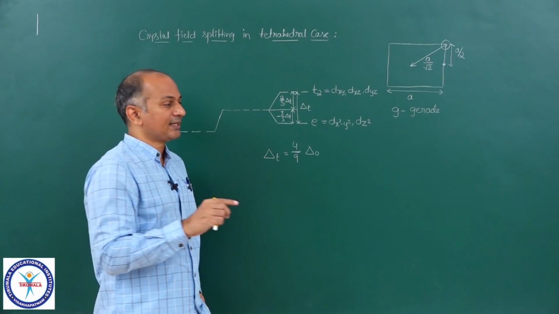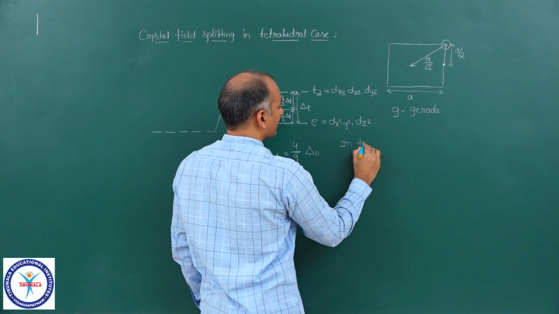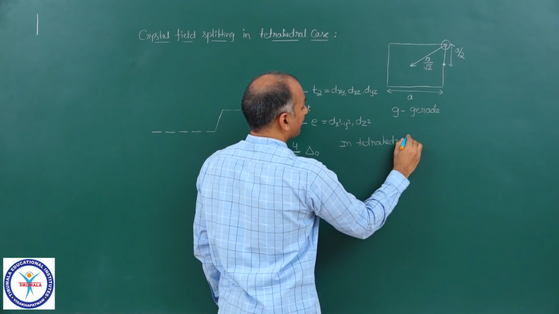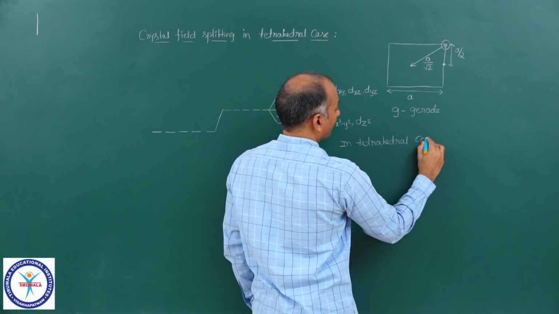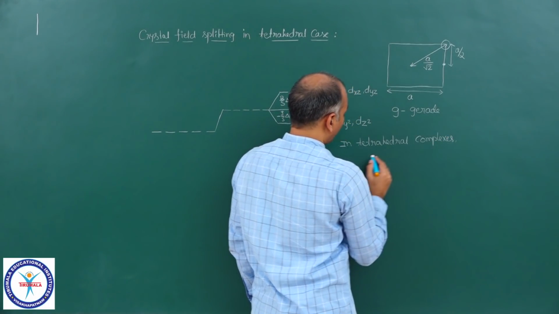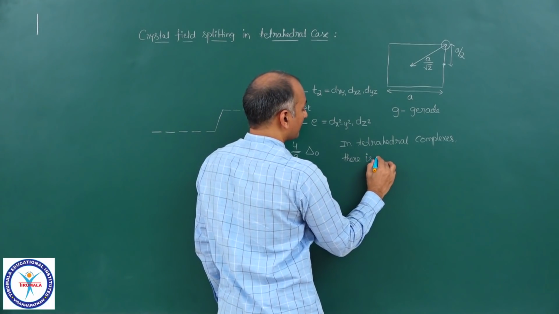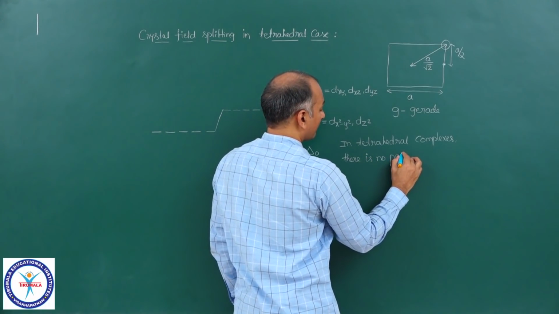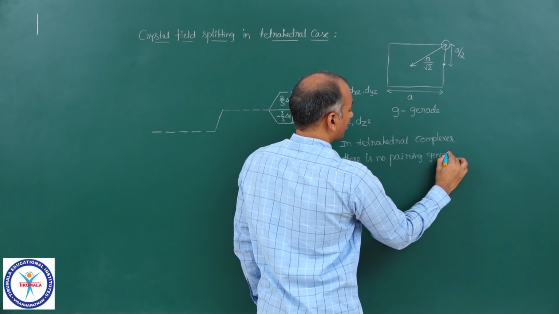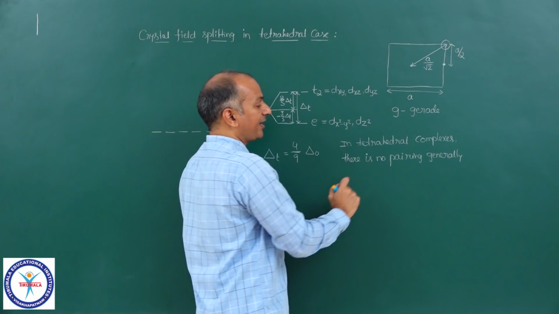And this is the reason why in tetrahedral complexes you don't find any pairing generally. There may be exceptions. And you all know in which case the pairing happens.